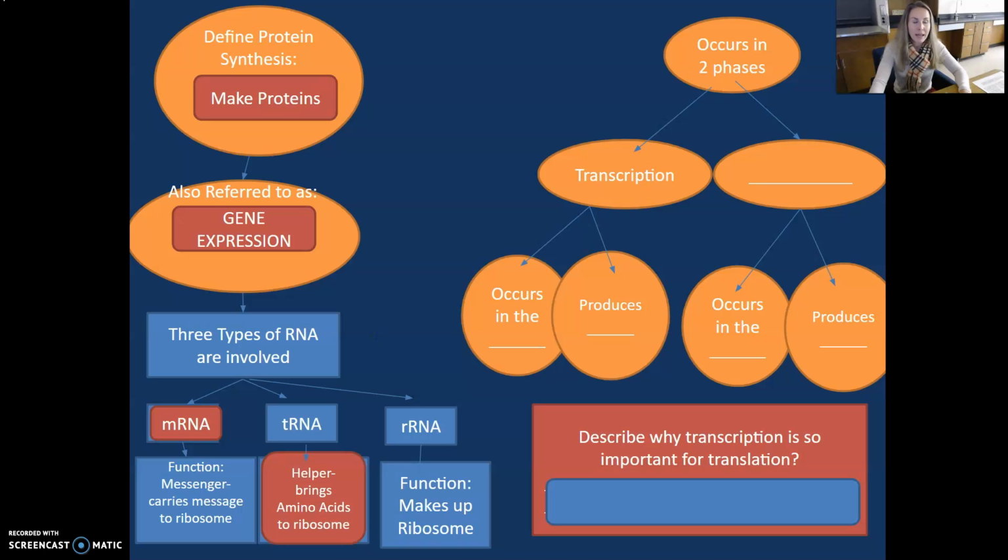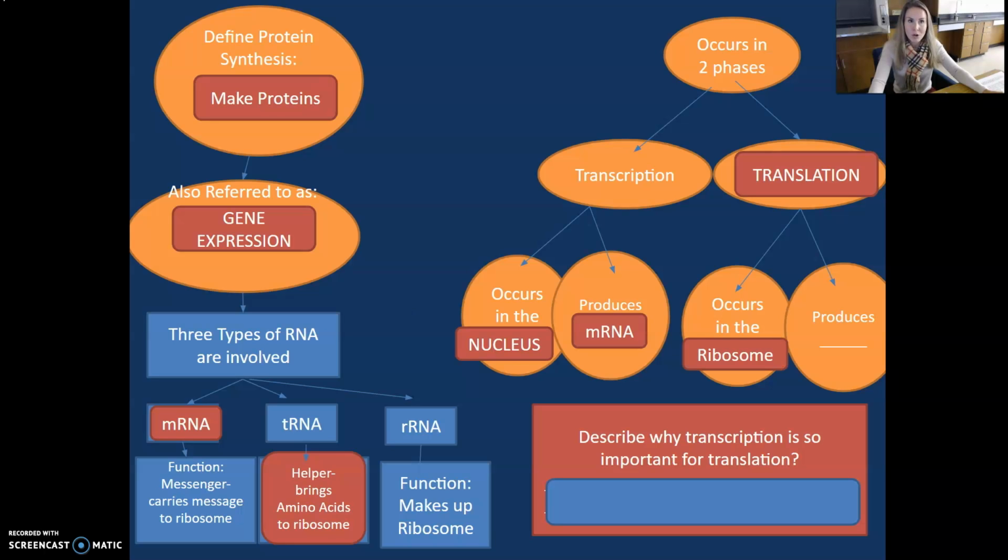It's going to bring over the amino acids because it's going to have the T codon that will be the complementary base pairs from the codon on mRNA. So this occurs in 2 phases. We have transcription and translation. Transcription occurs in the nucleus and produces the mRNA strand that leaves the nucleus and goes to the ribosome, which is in the cytoplasm. The ribosome will produce the proteins.